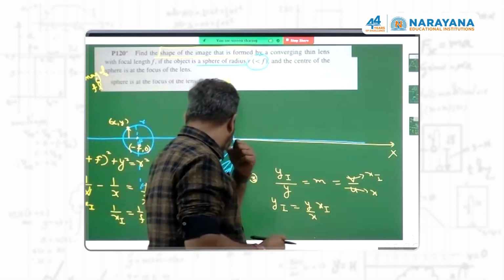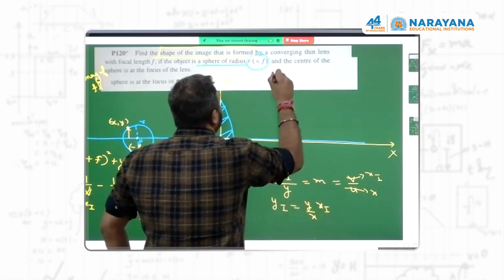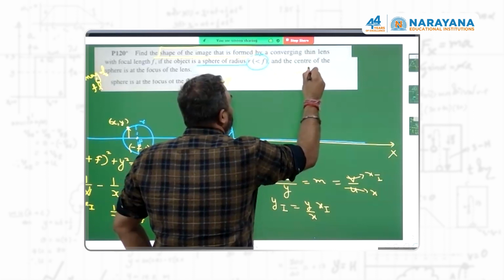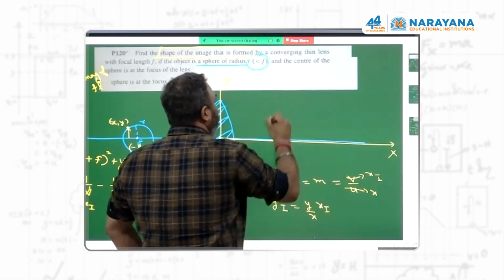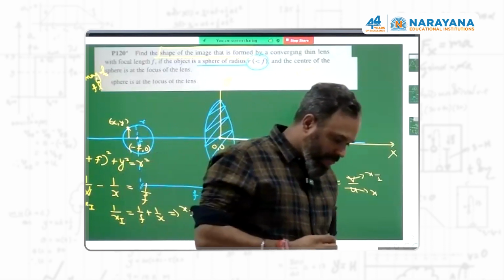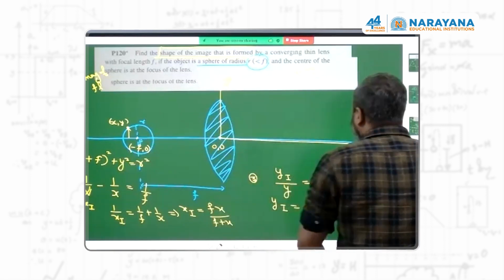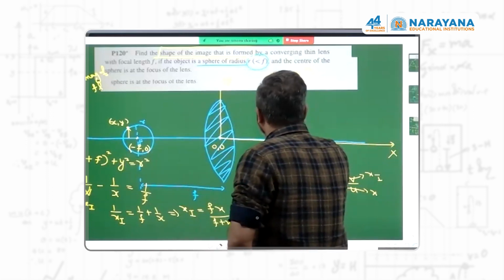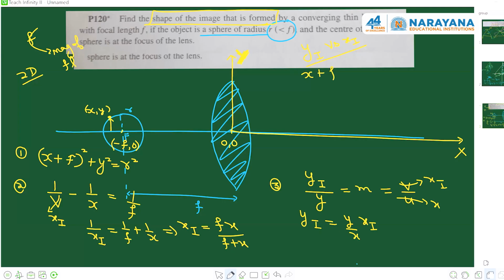Now there are some simple concerns I have got. I need to find out an equation of y image versus x image. That's what I'm searching for. And I think in the same equation which was given, that is, look into that equation, x plus f square plus y square is equal to r square. Observe it and try to convert this equation into x image, y image.